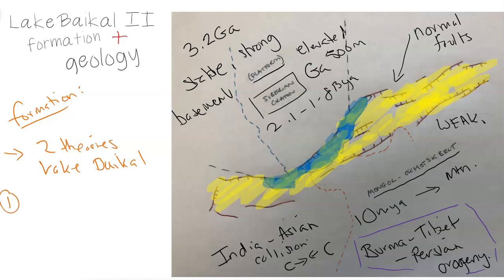So the first theory is domal uplift. Now there are other uplifts in the area, and this is through theories of connecting this with the East African Rift Valley system, which has active rifting.